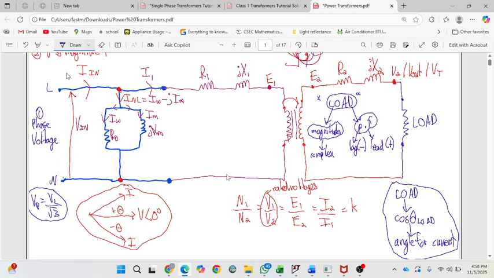A three-phase transformer doesn't really exist; it is just three single-phase transformers in any combination. But yes, if it's a single-phase transformer, that means you need a line and a neutral. If you put it line to line, I don't think it will work, because line to line basically means you don't supply a higher voltage.